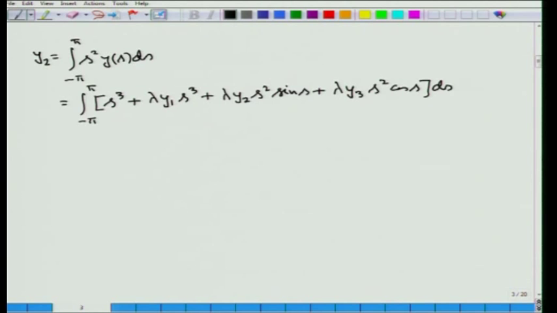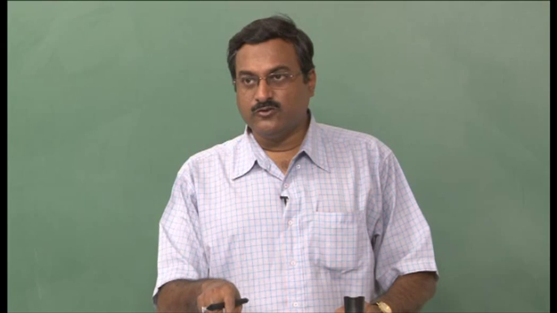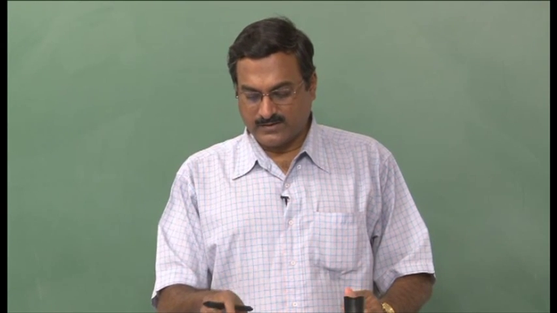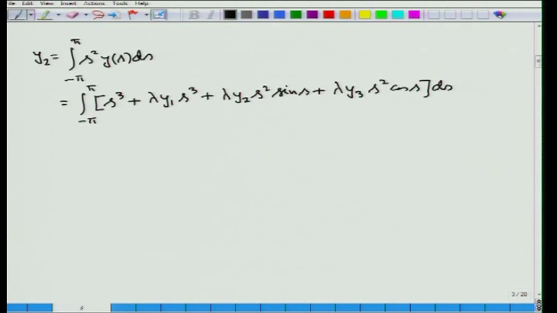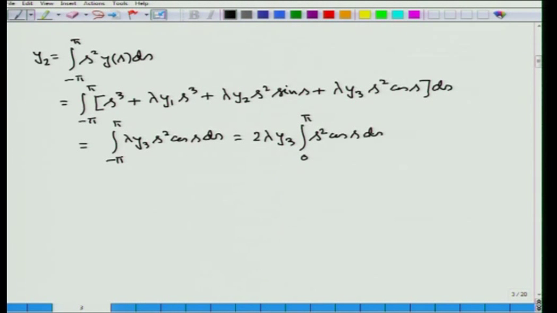And again, the integral of s cube plus lambda y 1 s cube ds will be 0 because it is an odd function, and s square sin s is also an odd function. So, therefore, we are left with the last integral, that is, minus pi to plus pi lambda y 3 s square cosine s ds, and this will be equal to 2 lambda y 3 integral 0 to pi s square cosine s ds.